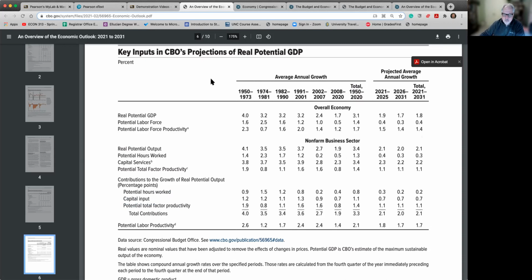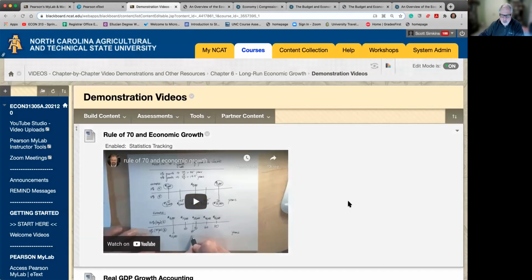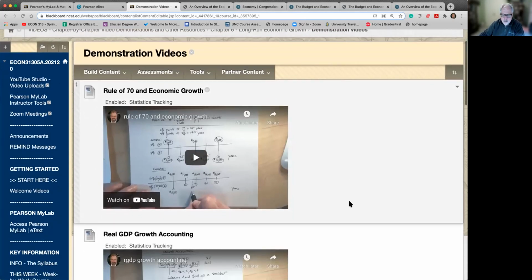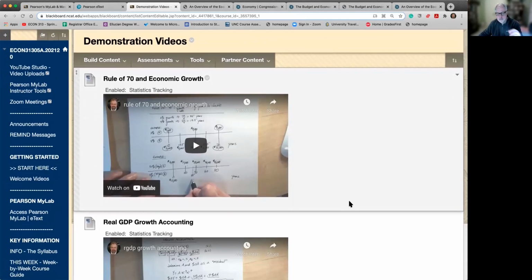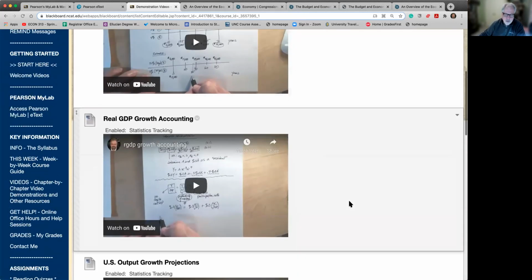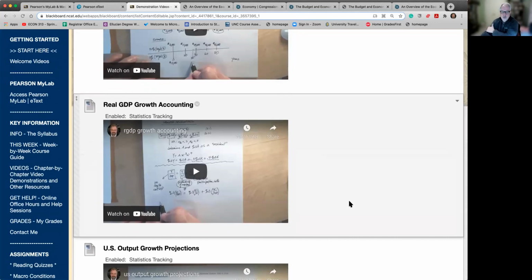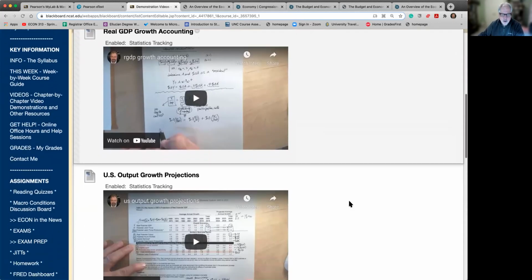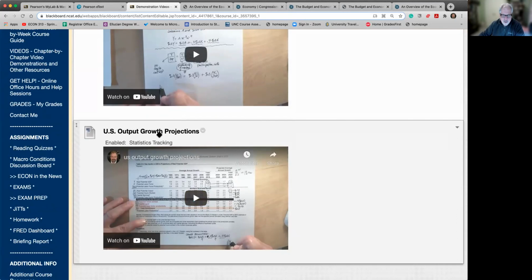Right? So this is in particular a table to pay attention to. Let me show you, I'll relate this to the videos for this chapter. There are videos on a simple way to think about economic growth called the Rule of 70. Here's a video on the real GDP growth accounting that we were just talking about. And then growth projections in the US.